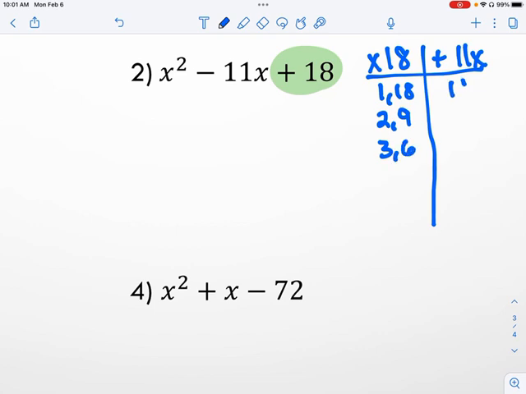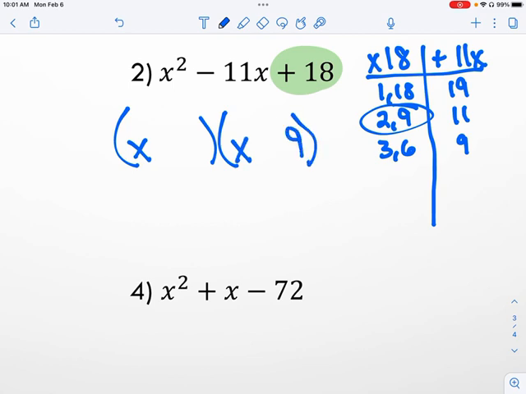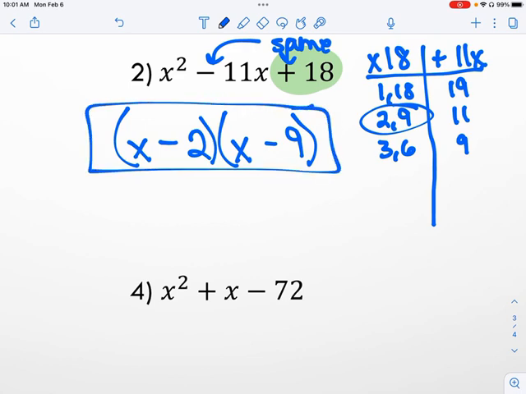If I add those up, I get 19, 11, 9. So 2 and 9 is my combination. I have a 9, I have a 2. This sign tells me their signs are going to be the same. So I look back, this sign tells me that they're both going to be negative.